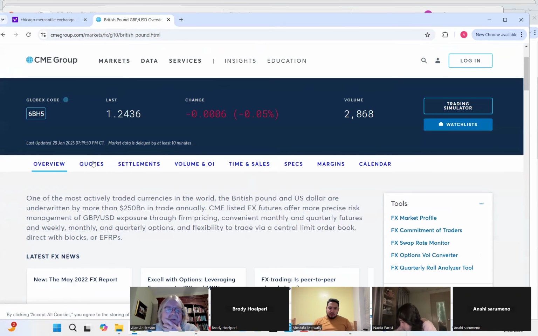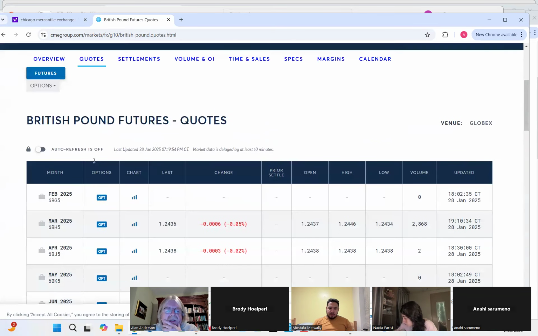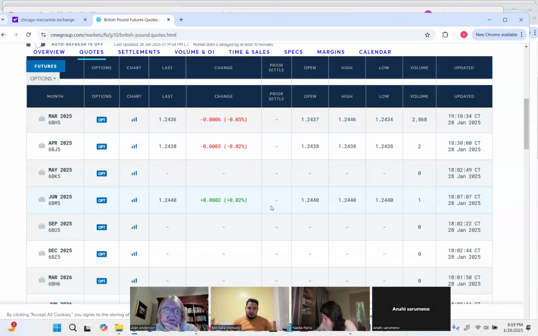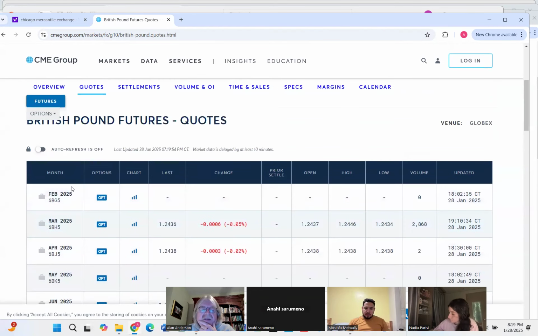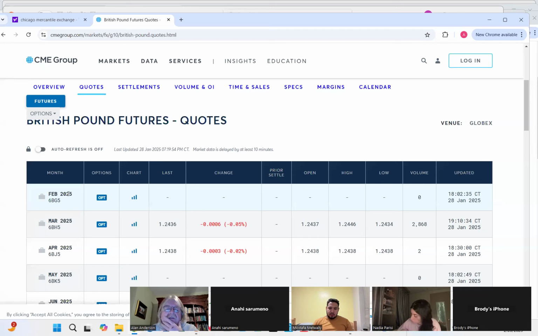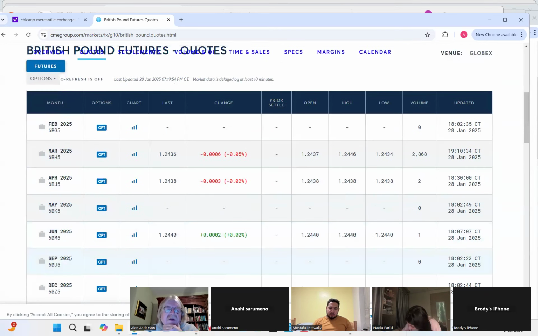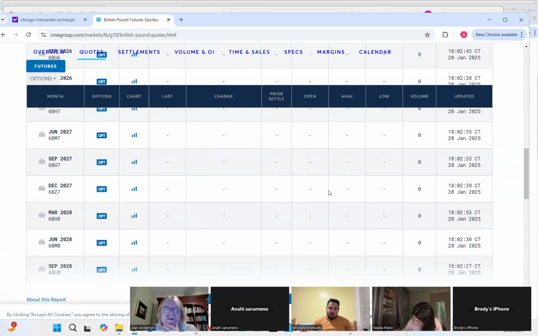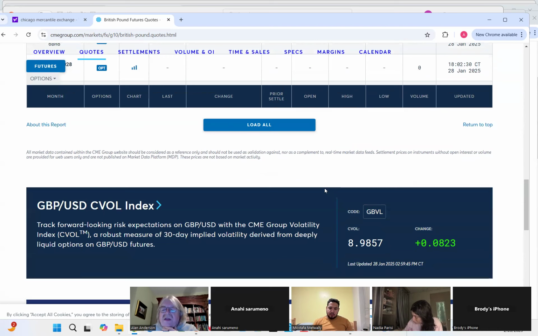So anyway, if you're interested in British pounds, these are the contracts you can get into. And you see they're all the same except for the delivery dates. I can take delivery in February of this year, March, April, May, June, September. But the one thing they all have in common is the amount of pounds that you're allowed to buy with this contract is 62,500.